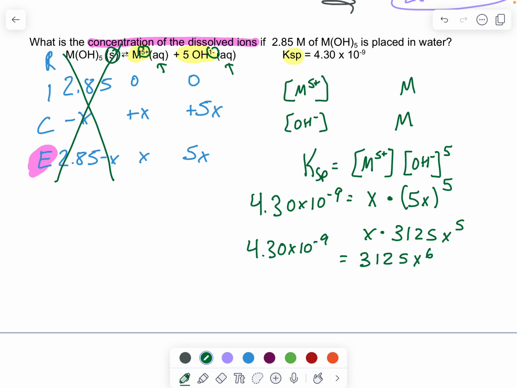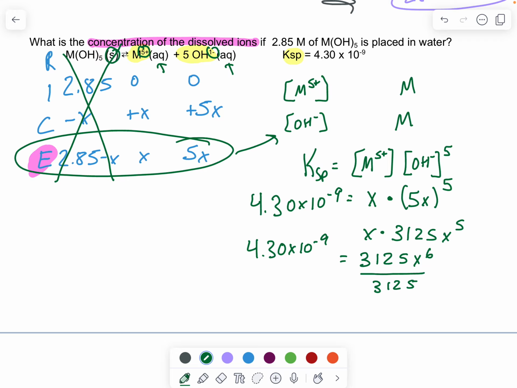Now we're just trying to solve for x, just like we did on my non-KSP problem, so that I can come back up to this row to get the information to solve this question. So I'm going to divide both sides by that 3125. Put it in my calculator.